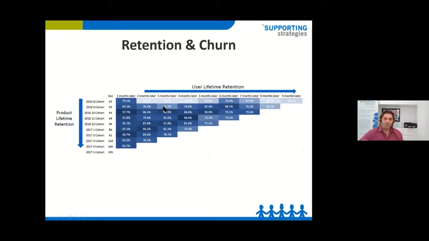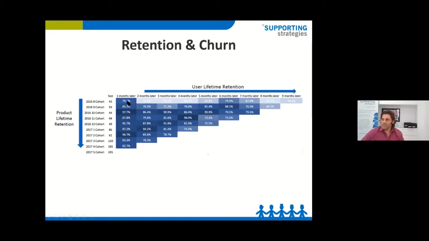This is an Uber for fill-in-the-blank type business. It's an on-demand marketplace business where there's users that are engaging in commerce and there's service providers that are providing the service that people are ordering and paying for. And this is a representation of what's called a cohort waterfall or retention waterfall.